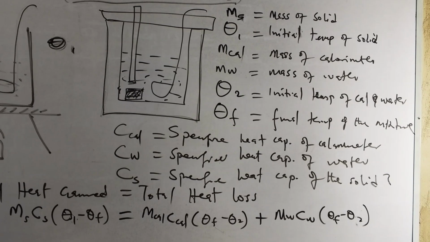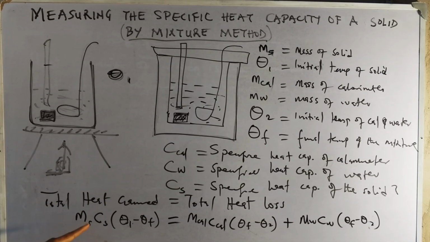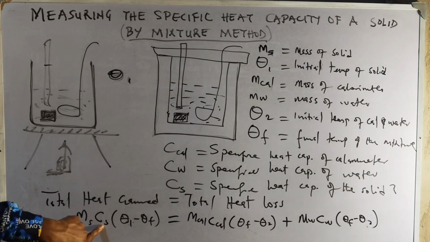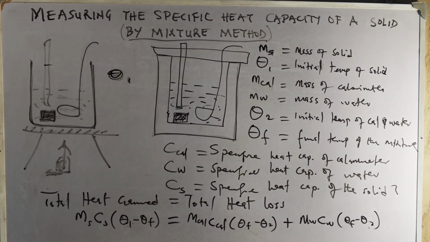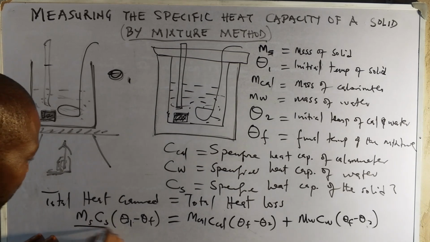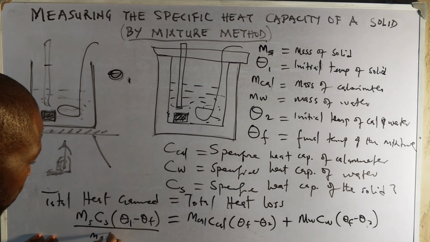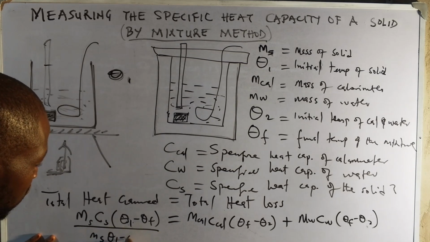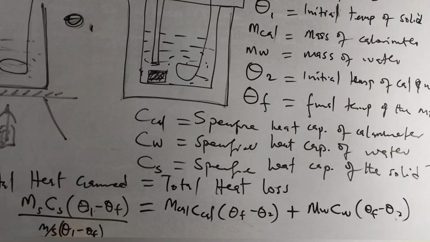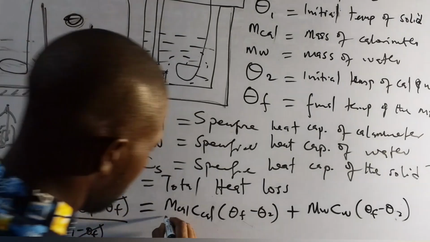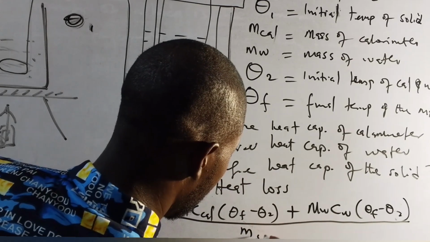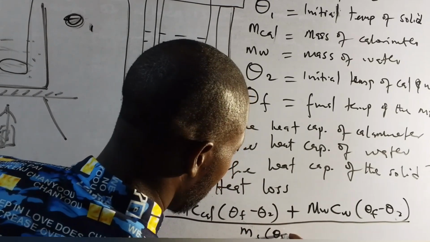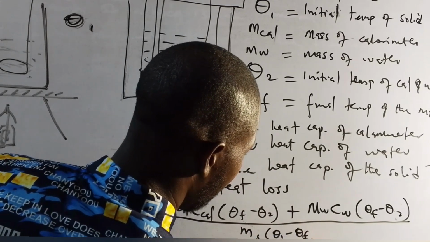So to know the specific heat capacity of the metal is to make the specific heat capacity of the solid the subject of the formula. And to do that is just to divide through by the mass of the solid times theta 1 minus theta final, so that this cancels this. Then the whole of this will be over the mass of the solid into the initial temperature of the solid minus the final temperature of the mixture.